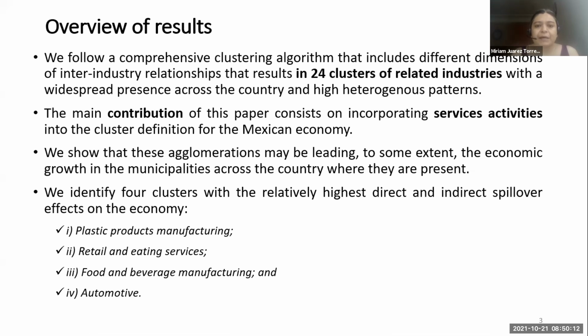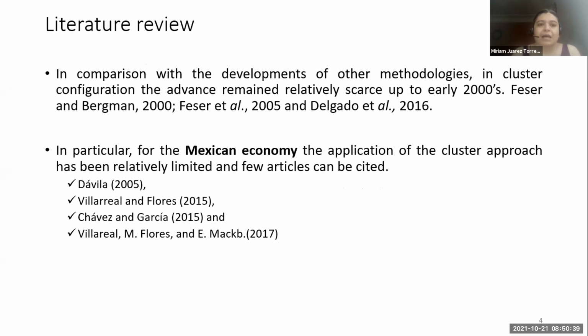So we show that this agglomeration may be leading, to some extent, the economic growth of the municipalities across the country where they are present. Basically, we identify 4 clusters with relatively high direct and indirect spillover effects in the economy, and these are plastic products manufacturing, retail and eating services, food and beverage manufacturing, and automotive.